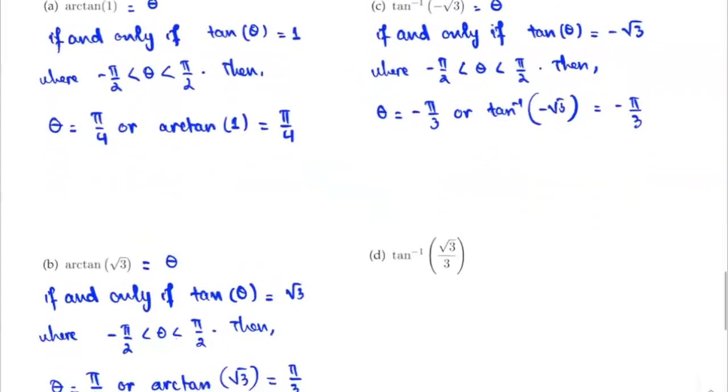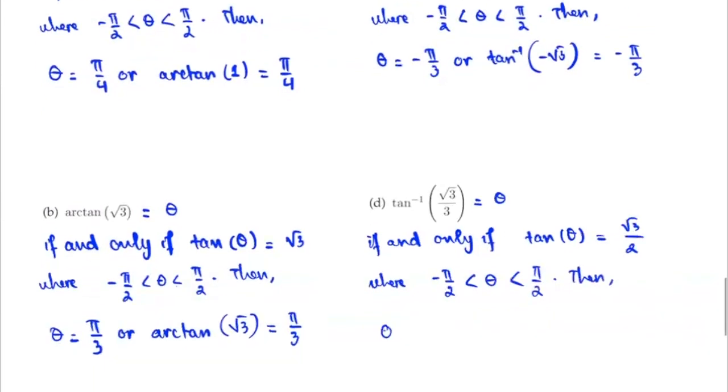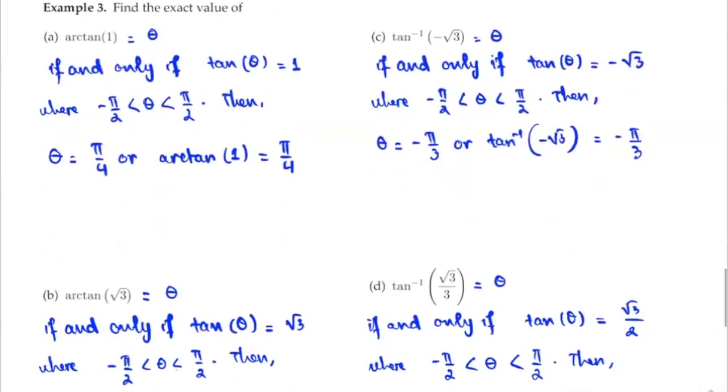And for the last equation, you have inverse tangent of root 3 over 3 equal to theta. That is, you're looking for the angle theta such that, if and only if, tangent of theta is equal to root 3 over 3, where the angle theta is restricted between negative pi over 2 and pi over 2.